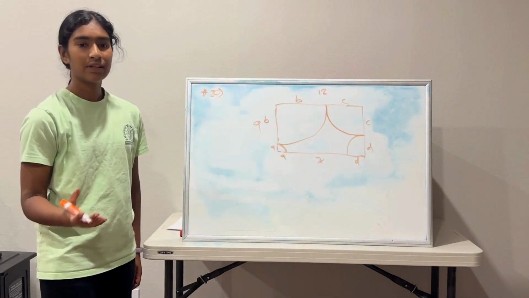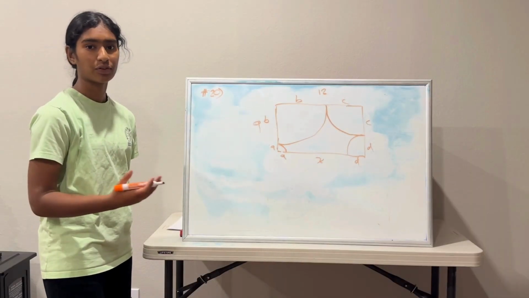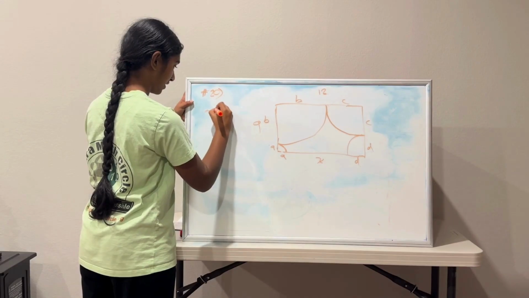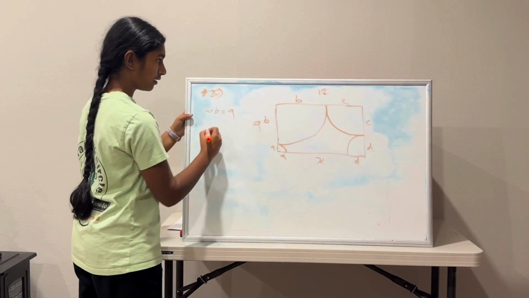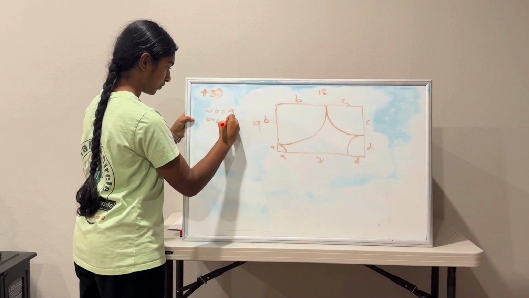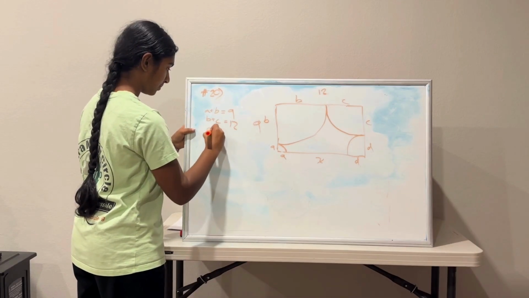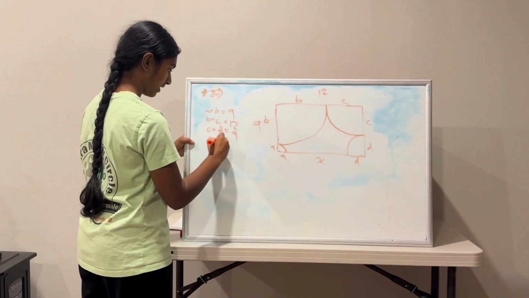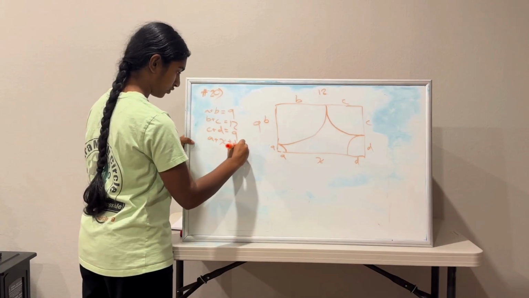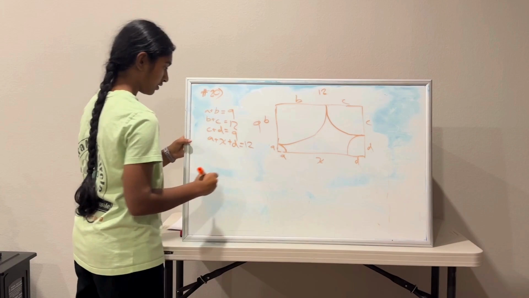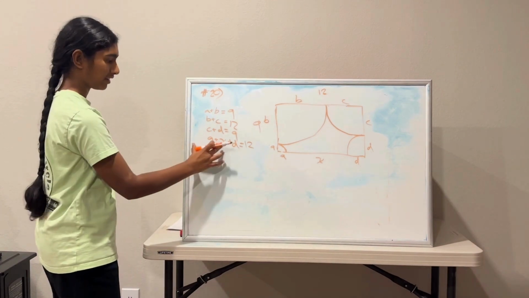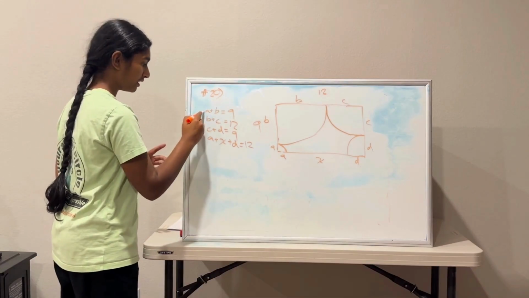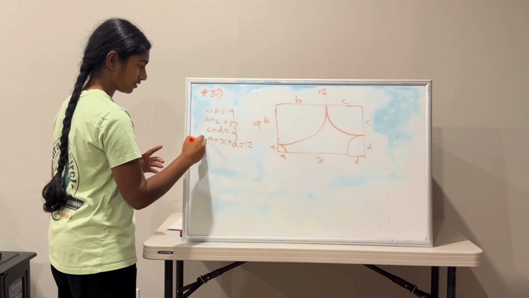Now let's write down this as equations and then solve for x through those equations. So a plus b equals 9, b plus c equals 12, c plus d equals 9, and a plus x plus d equals 12. Now we want to isolate x, so let's make the equations a little more simple. So let's add these two equations and these two equations.